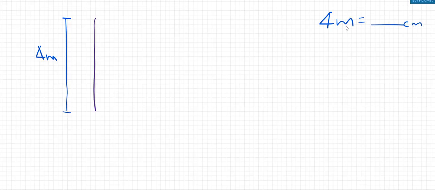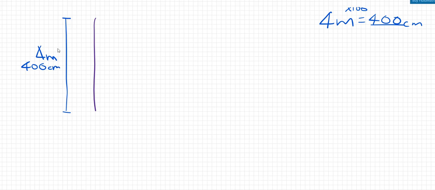I'm starting with a bigger unit, so my 4 should get bigger. We can use a conversion chart, but because I know that 100 centimeters makes up 1 meter, and I'm getting bigger, I'll just times it by 100. So I get 400 centimeters. Use a conversion chart if you need to, no problem. So it's 4 meters, or we can say 400 centimeters.